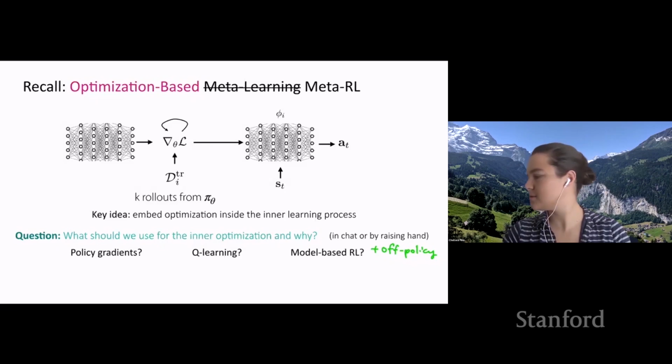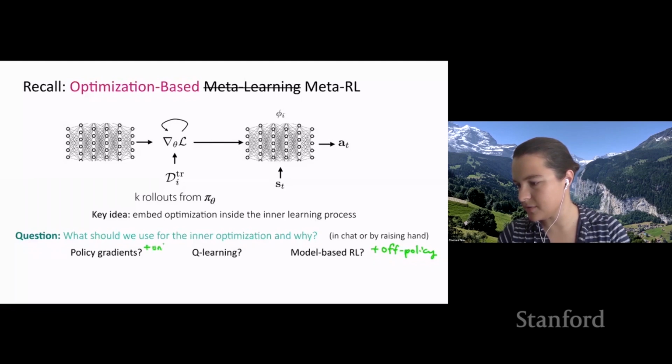Other thoughts? Someone is suggesting policy gradients because then we only need a few steps in the inner loop. So this is a good suggestion, because maybe we would only need a few steps.